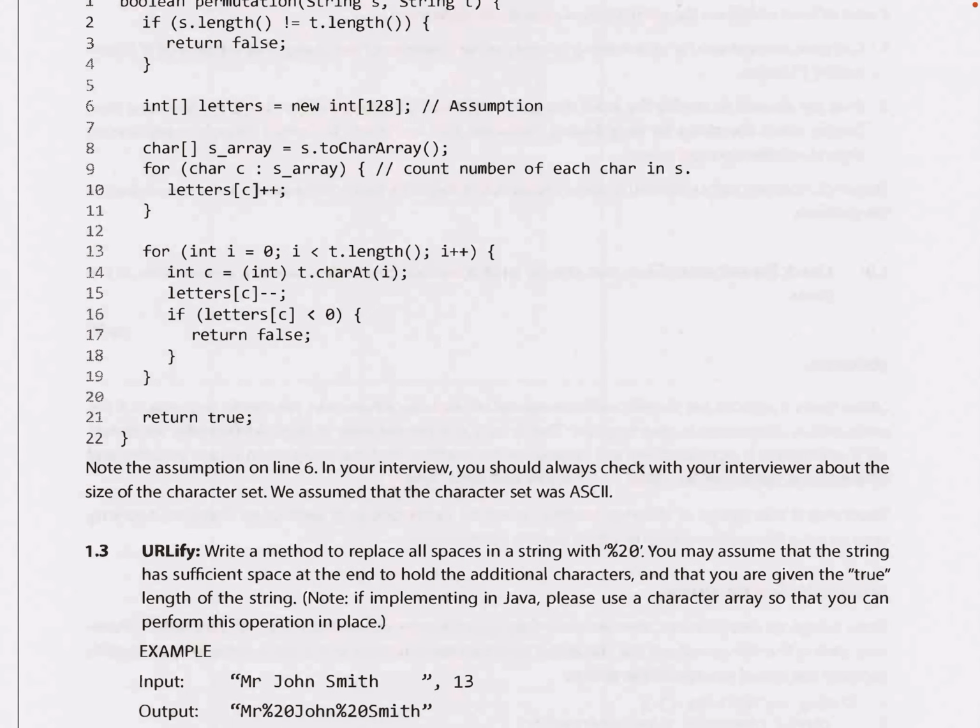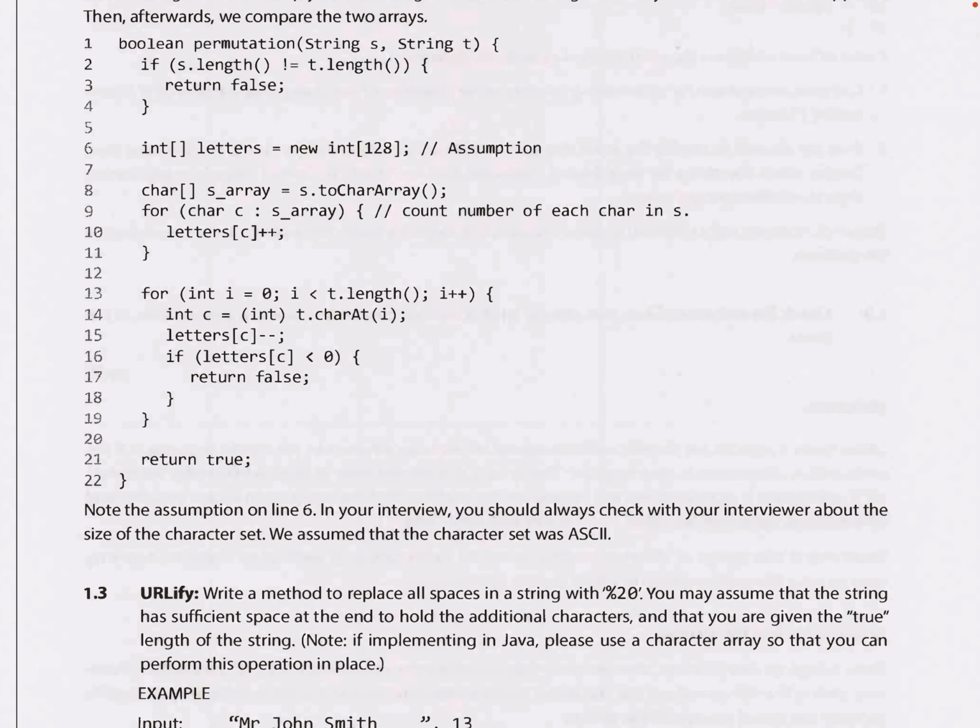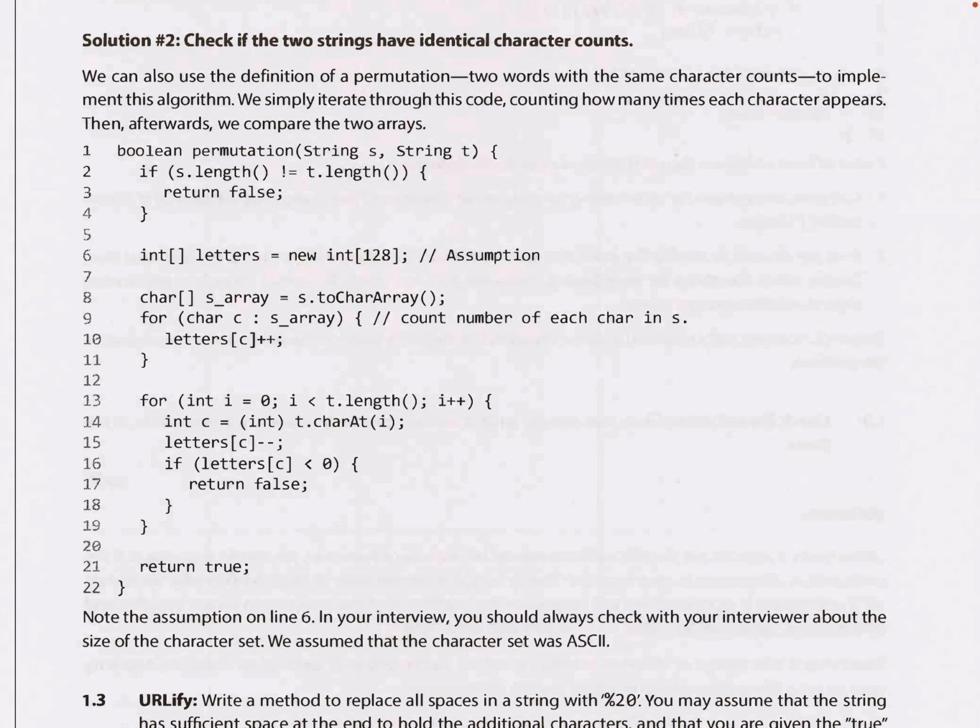Note the assumption on line 6. That means they're using ASCII, so yeah, I think I'm pretty much doing this, more or less. So yeah, I would consider this a pass.